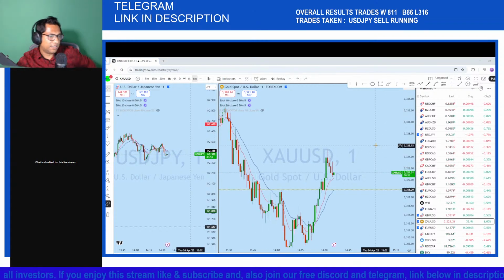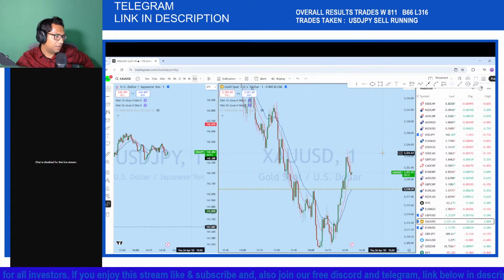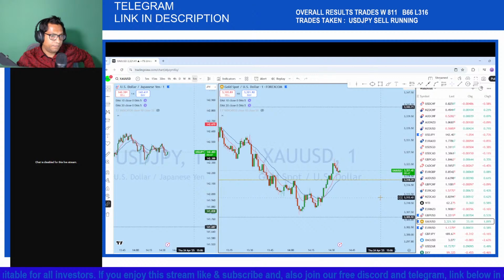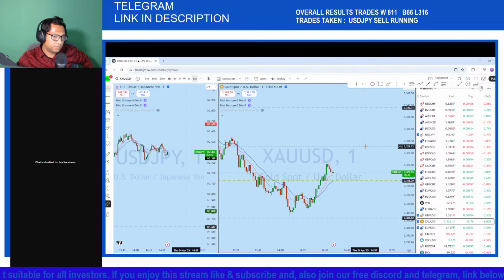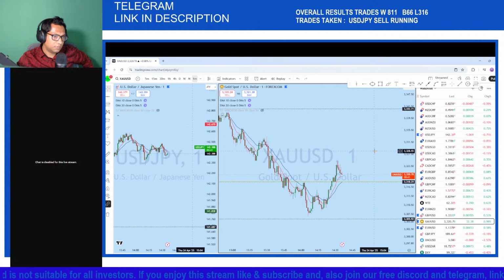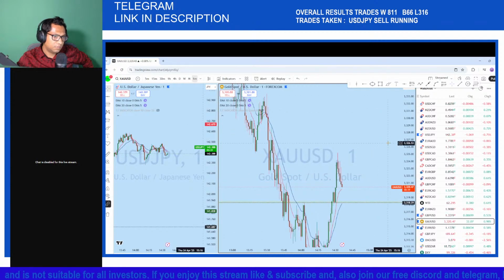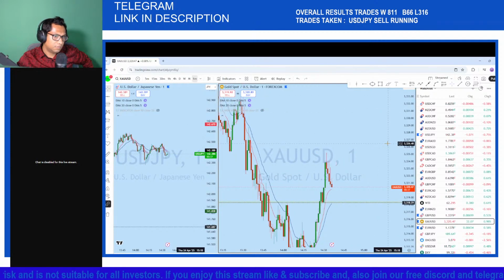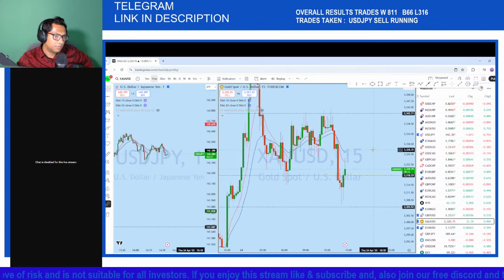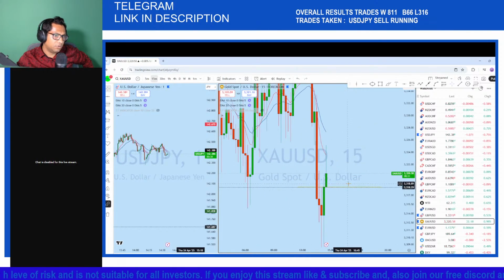The way price action is forming is that the possibility to come to that support.